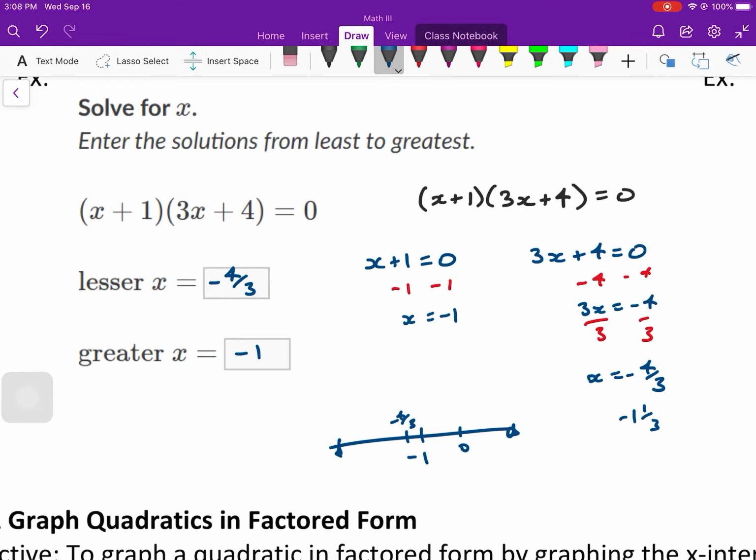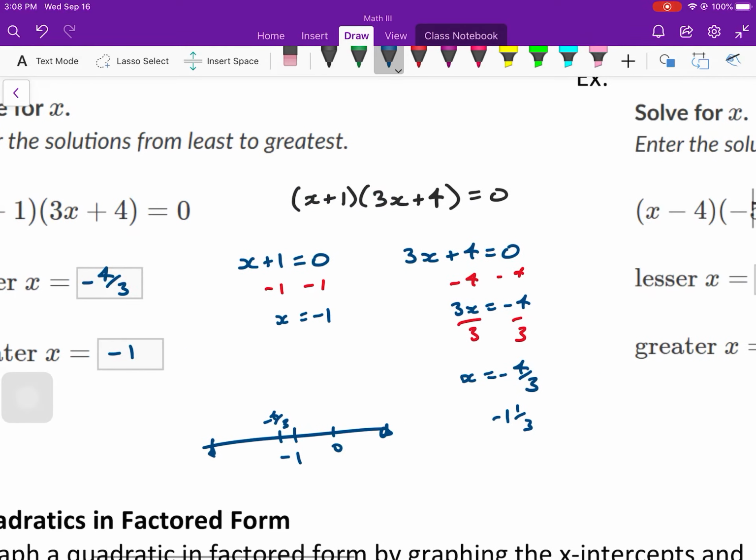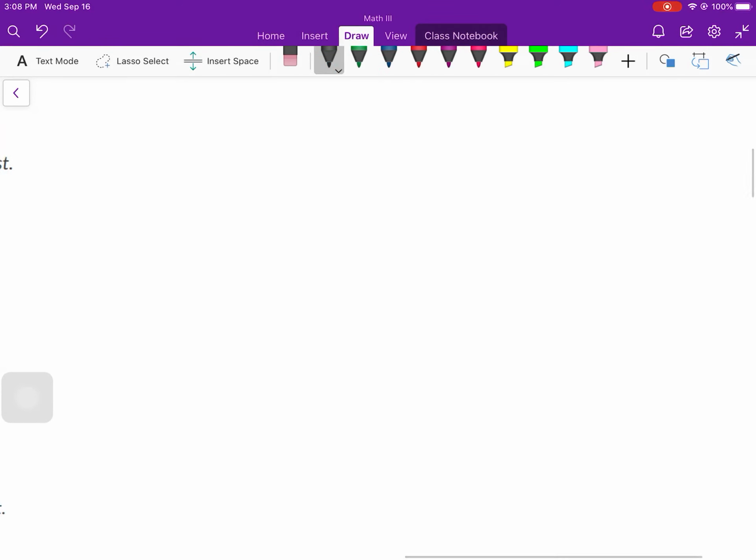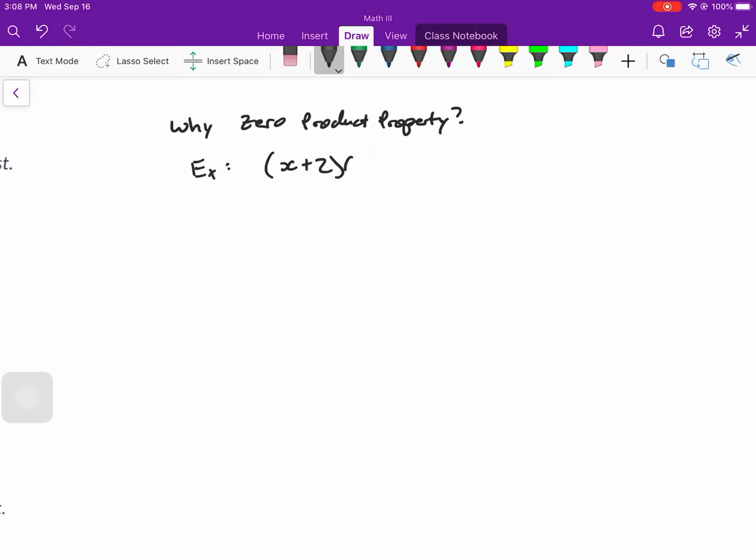Now, why is this called the zero product property? I'm going to explain to you why. Let's look at a basic example over here. Just for example, let's say we have x plus 2 and x minus 3, and let's say that it equals 6.